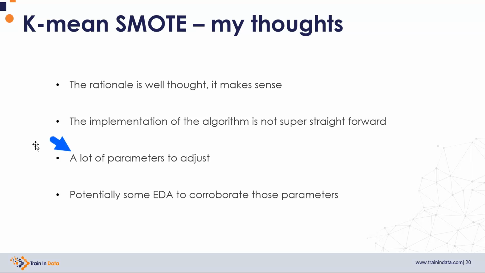For example, the number of clusters of the K-means, the imbalance ratio to filter out the clusters, and then the number of neighbors that we're going to use to create those examples. So there are a lot of variables that we don't know a priori and we need to investigate. And we can treat these as hyperparameters in a hyperparameter optimization procedure, but personally, I would also follow that up with some exploratory data analysis just to make sure that those clusters make sense.